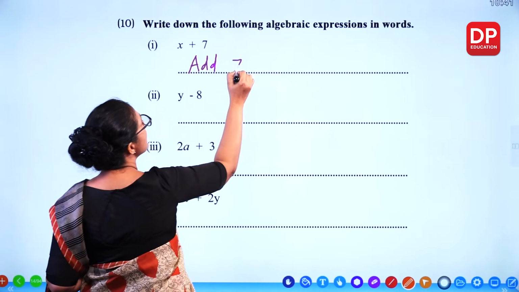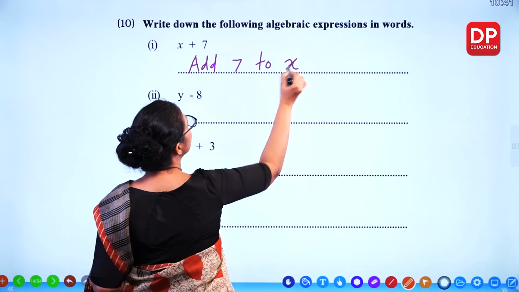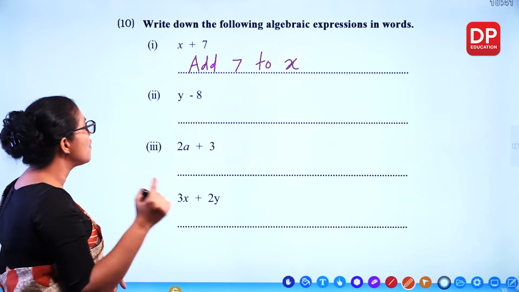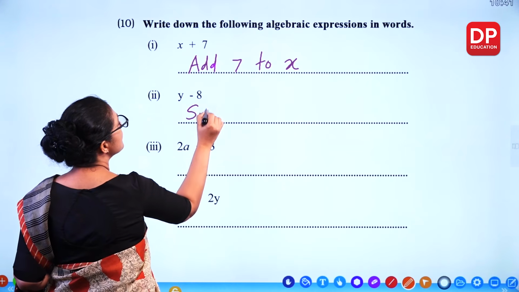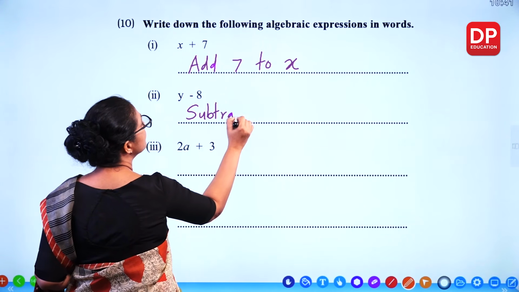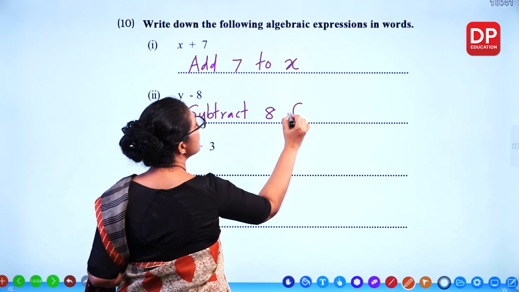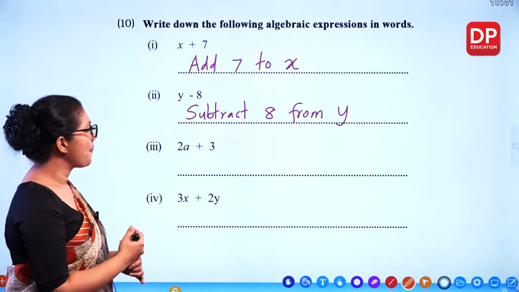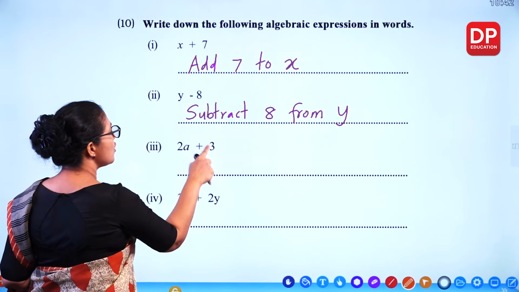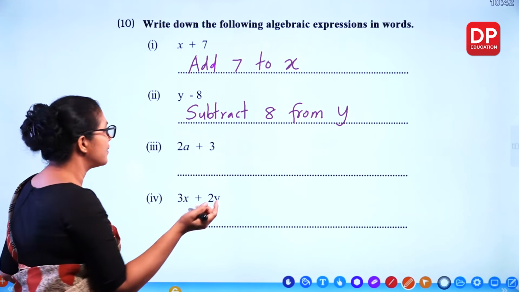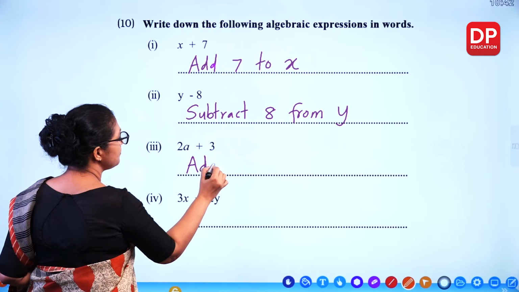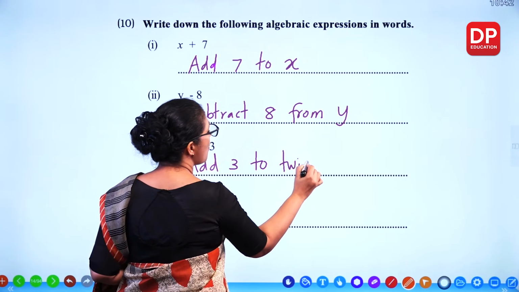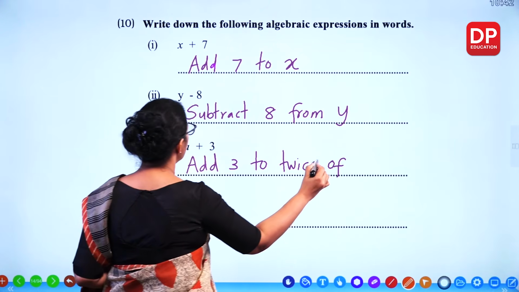Here, subtract 8 from y. This one: add 3 to twice of a.